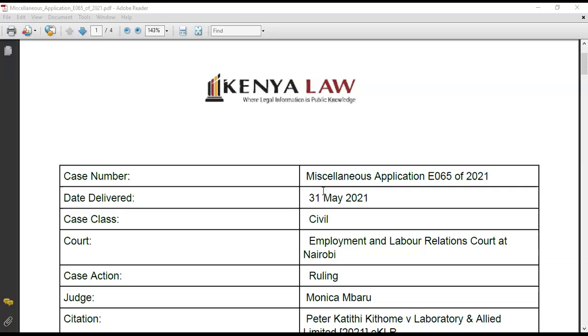He mitigates his shortcomings by filing a petition saying his fundamental rights and freedoms were infringed, quoting Article 41 on fair labor practices, because there is no limitation of time when there is breach of fundamental rights and freedoms.